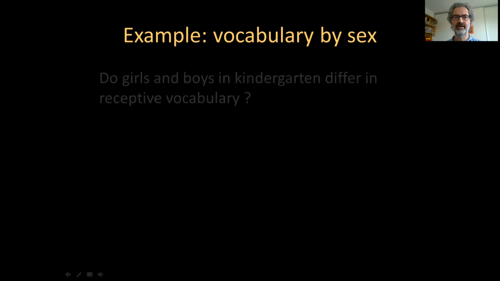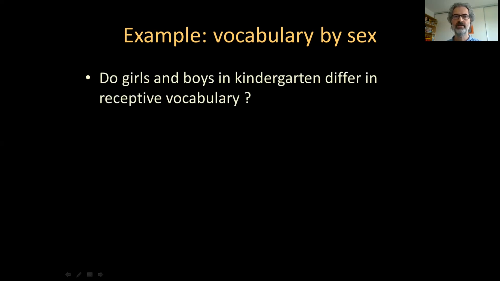And for the t-test to work, the qualitative variable must be the independent variable, and the quantitative variable must be the dependent variable. The question that we will ask is whether girls and boys in kindergarten differ in receptive vocabulary. So if we have a group of girls and a group of boys, are they going to have different mean vocabulary?